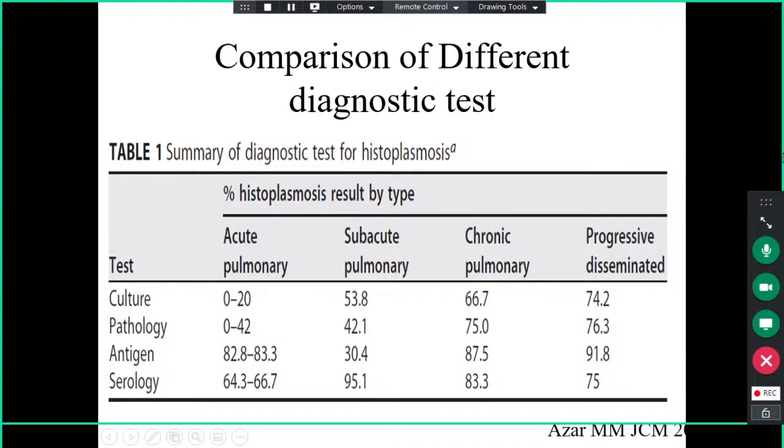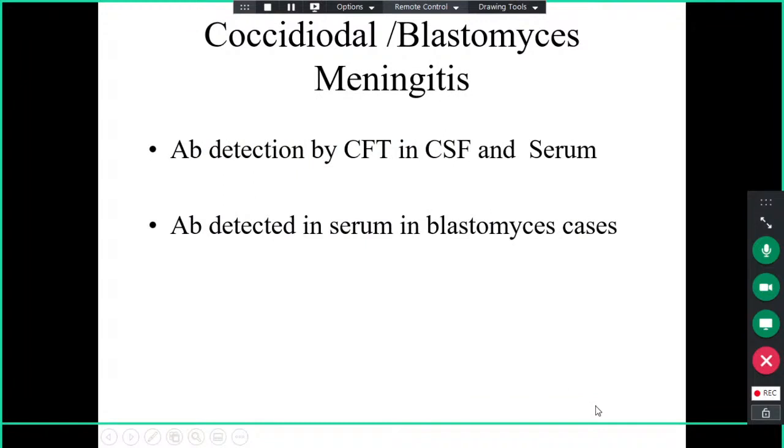Just wanted to say that culture sensitivity is very bad, but antigen detection is good in chronic stages, progressive disseminated cases, and acute cases also. So we can do the antigen detection. For Coccidioides and Blastomyces, we can do the complement fixation test. We can detect antibody in CSF and serum sample.